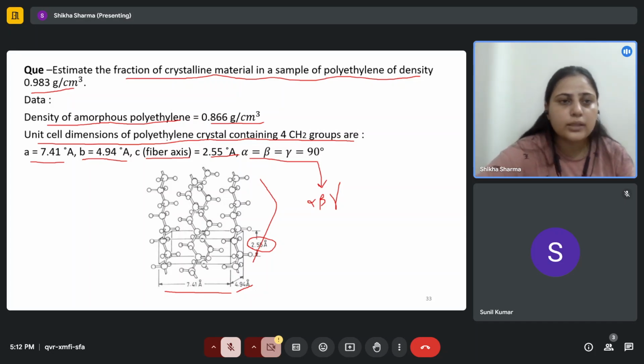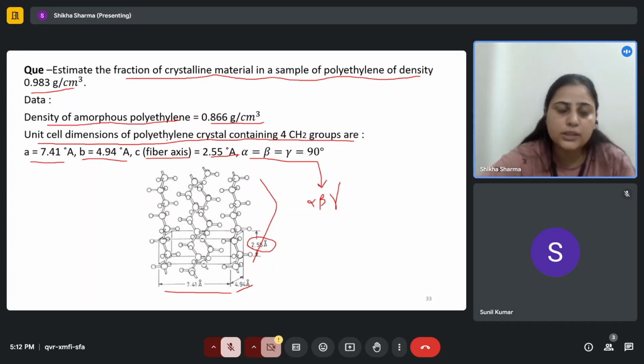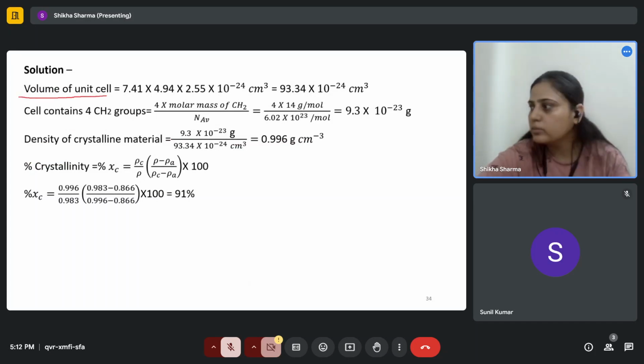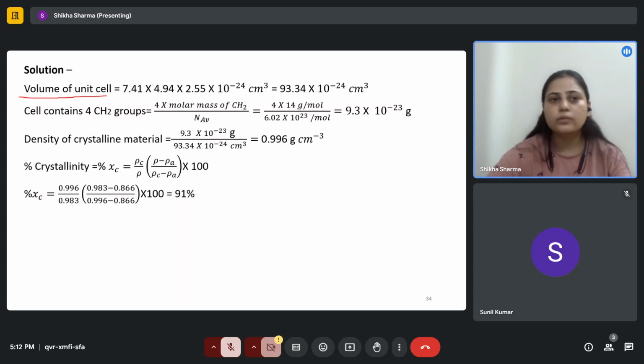So let's calculate this. It is somewhat similar to the previous question. We need to calculate the crystalline material fraction. First we can calculate the volume of the unit cell. How to calculate the volume?